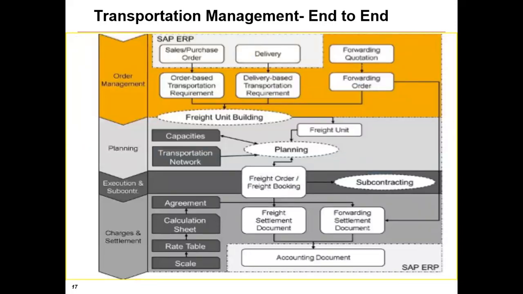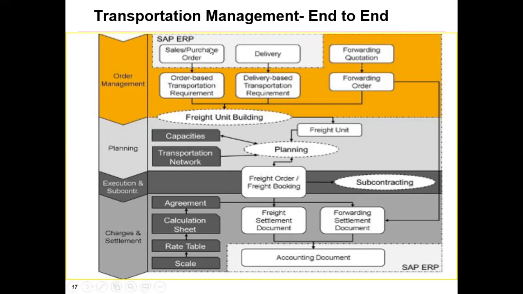Now next we shall go to this particular planning phase, whatever we have done so far. So we have managed to complete order management. In order management, we have two transportation requirements.